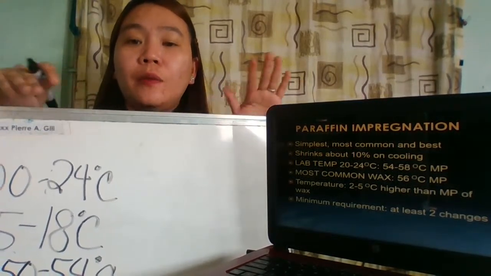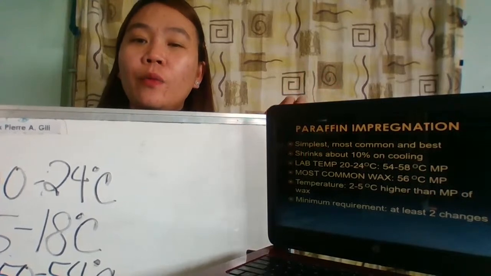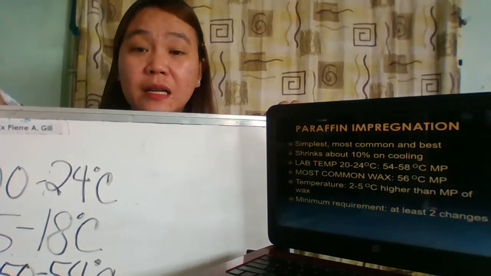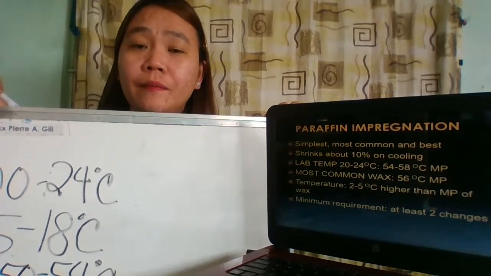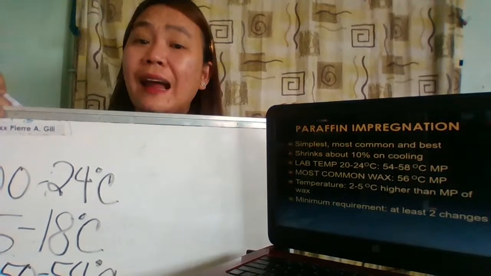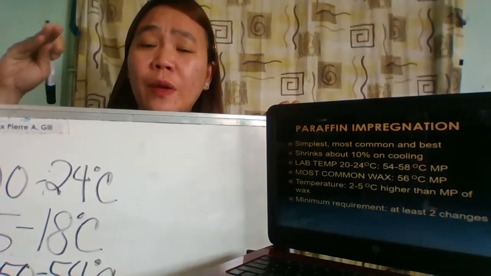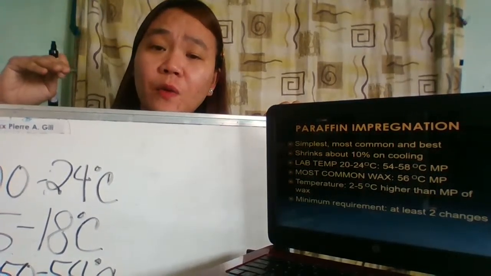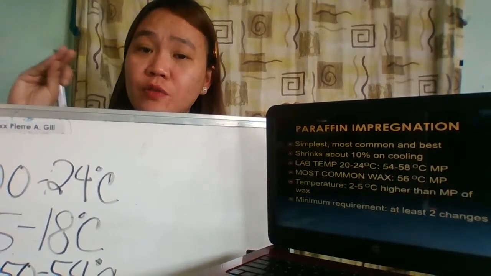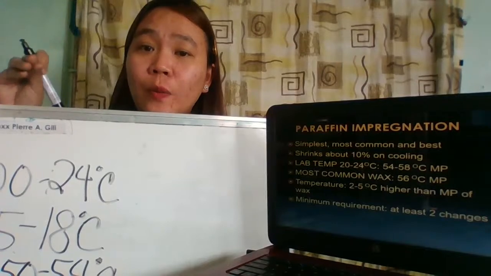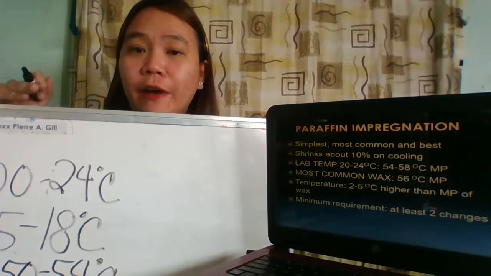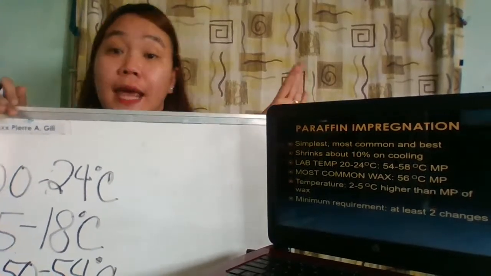Just like what I mentioned a while back, we do not classify our paraffin wax based on other characteristics. We classify our paraffin wax based on their melting point. That is the most important characteristic that we have to consider when we are trying to classify our paraffin waxes.